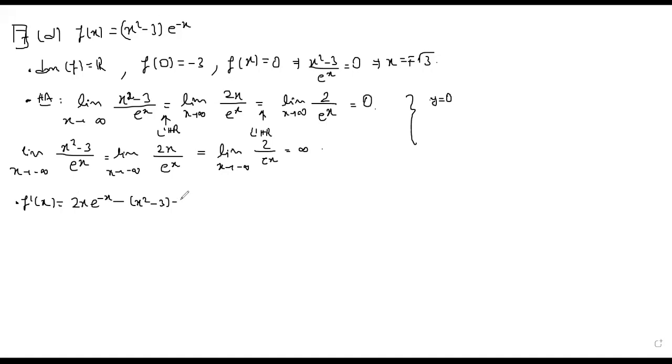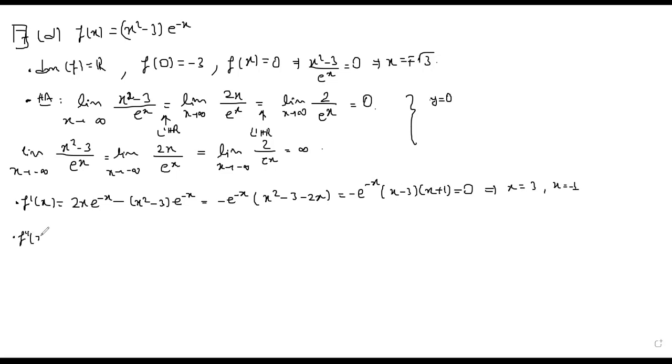So minus e to the minus x. Now if we write it in the parentheses of this, we will get x squared minus 3 minus 2x, okay? And we can rewrite this as x minus 3 times x plus 1, which is equal to 0. So it gives x equals 3 and x equals minus 1 as the critical points. As you see, they are in the domain, so they are the critical points of the function f.